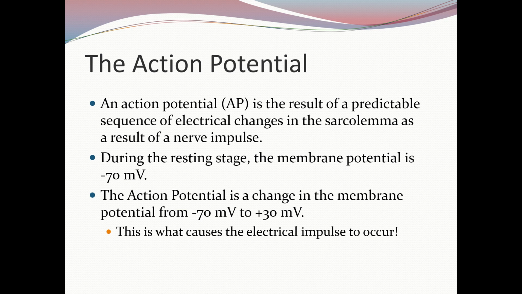So even at rest, the sarcolemma is charged with a membrane potential of -70 millivolts. When the action potential occurs, it changes the membrane potential from the resting -70 millivolts to +30 millivolts. And this is what causes the electrical impulse to occur, this switch in charges.